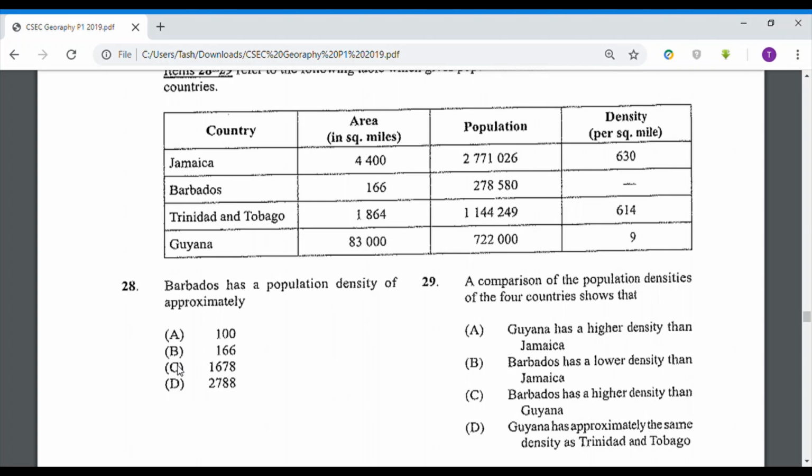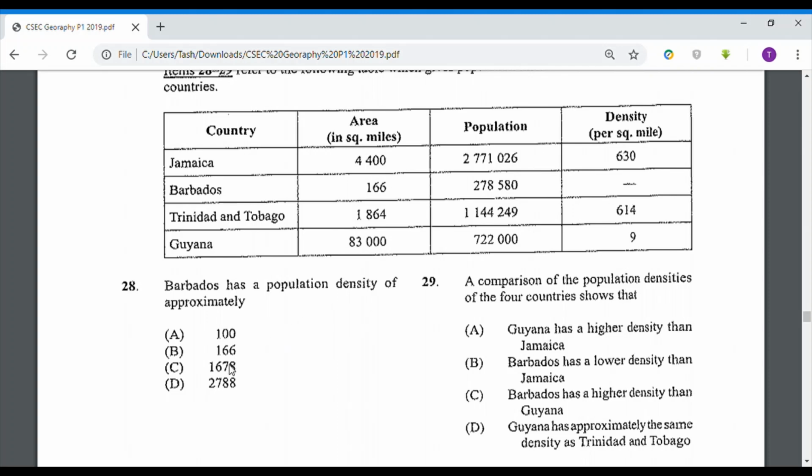For number 29, a comparison of the population densities of the 4 countries shows that A, Guyana has a higher density than Jamaica. Let's see Guyana and Jamaica. Guyana has 9, Jamaica has 630, so that is not correct. Barbados has a lower density than Jamaica.